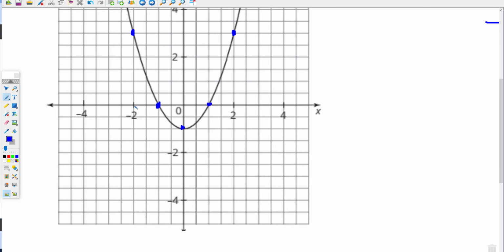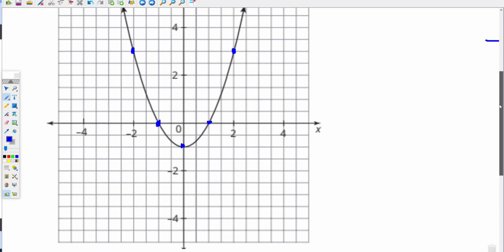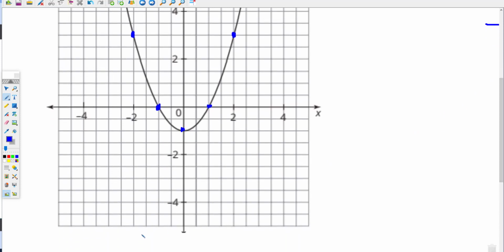So at negative 2, I was at positive 6, correct? Or was it negative 6? So negative 6 is off my graph this way. At negative 1, I was at 0. And then where was I my next one? What do you think I want to do at this point?